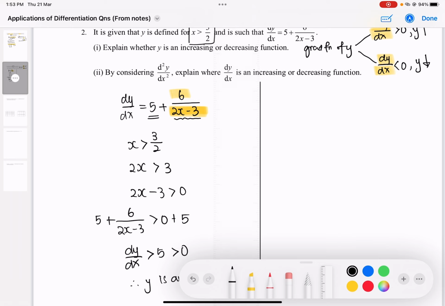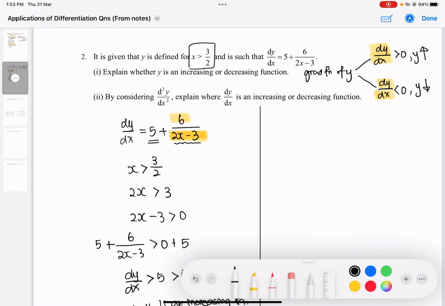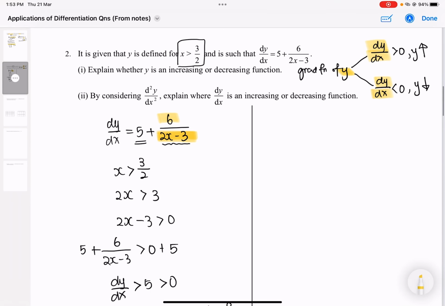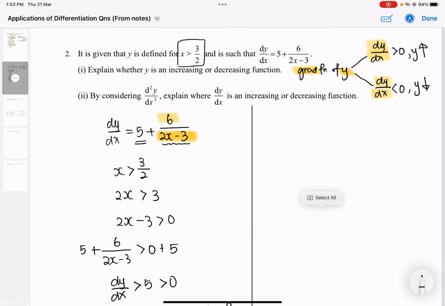For part 2, the question wants us to determine whether dy dx is an increasing or decreasing function, and we are supposed to look at the second derivative to do this. Now, just now we saw that to determine whether y is increasing or decreasing, we need to look at the gradient function of y. Now, to determine whether dy dx is increasing or decreasing, we need to look at the gradient function of dy dx.